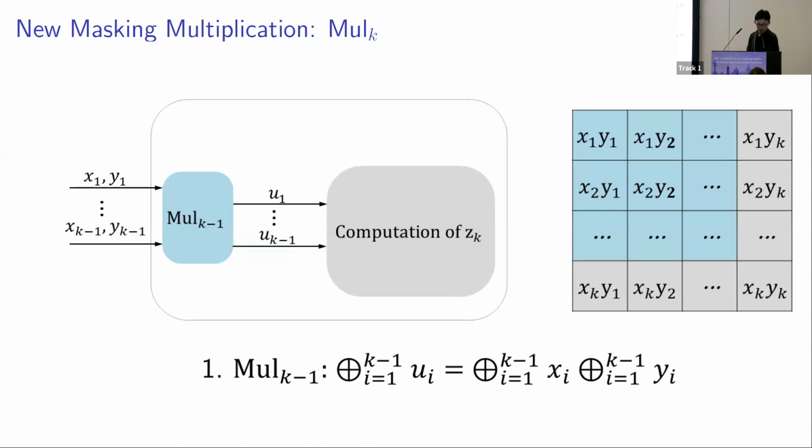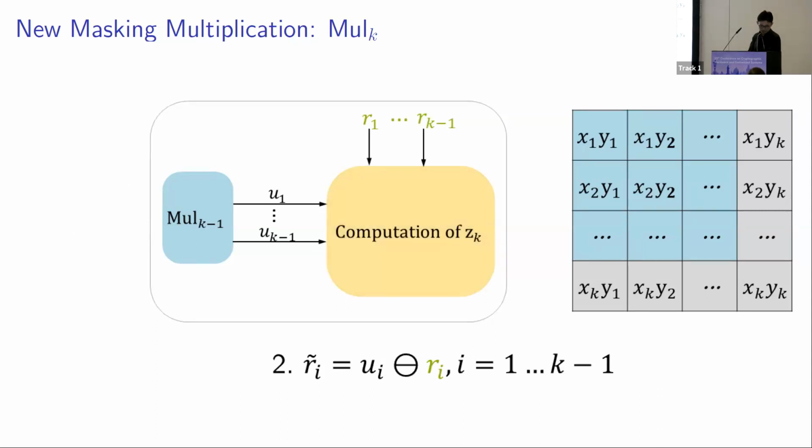So first, multiplication with K minus 1 shares is performed, and we get variables U1 to UK minus 1. The sum of them covers the outer products of X and Y with index 1 to K minus 1, which are painted in blue here. Outer products that are not covered yet are painted in gray.